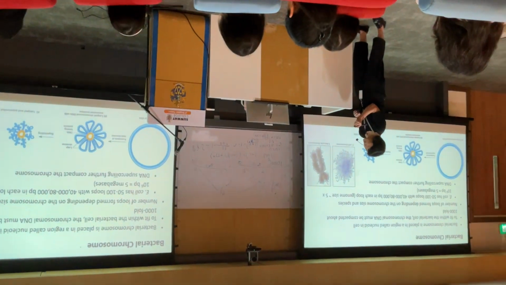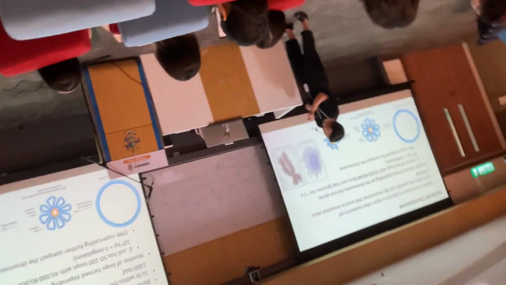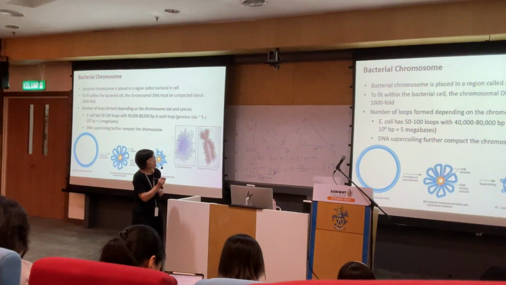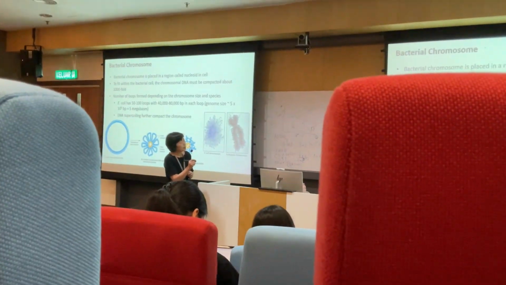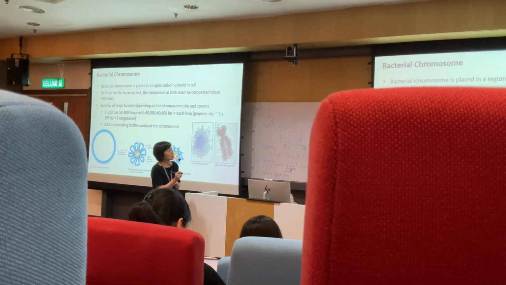You can calculate how many loops they need to fold when forming the loops. And they have a protein at the center that can adhere to each of the loops, so it looks like this. Then they further supercoil each of the loops to make it even smaller. The entire purpose is to pack into a small size.